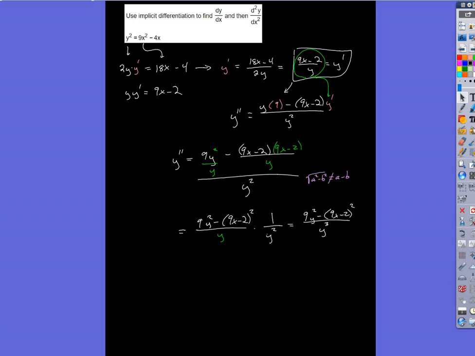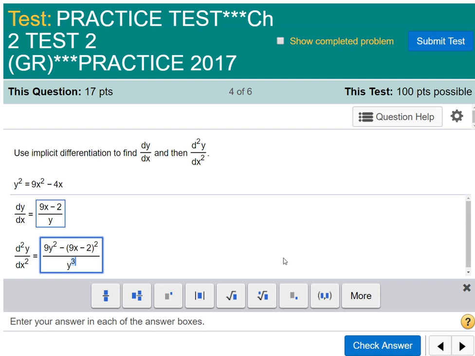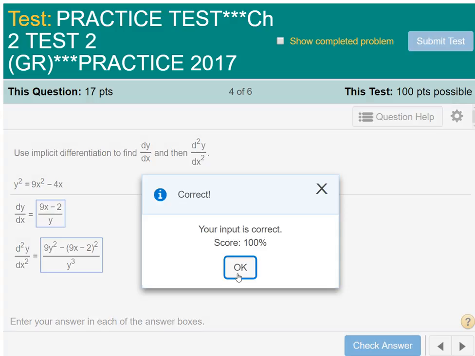And then the second derivative is 9y squared minus the quantity 9x minus 2 squared divided by y cubed. Okay, yeah, so it's fine. They didn't expect us to expand all that stuff.